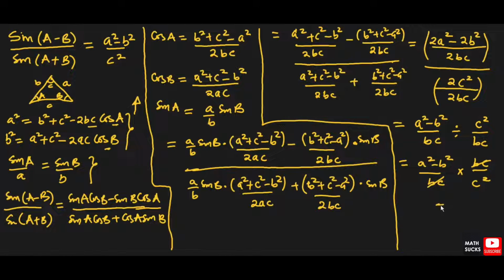So this goes with that, and then we finally have a squared minus b squared over c squared being equal to sine of a minus b over sine of a plus b.